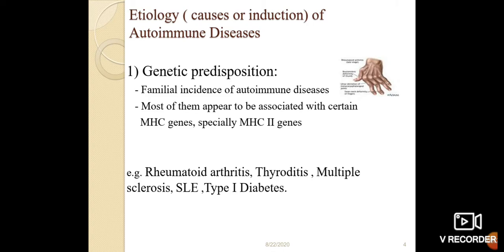Some families develop certain autoimmune diseases, like rheumatoid arthritis. Most of them appear associated with certain major histocompatibility genes, especially major histocompatibility type 2 genes. For example, rheumatoid arthritis, thyroiditis, multiple sclerosis, systemic lupus erythematosus, and type 1 diabetes mellitus.